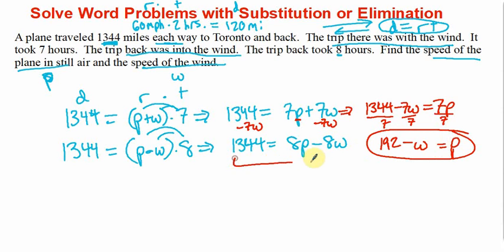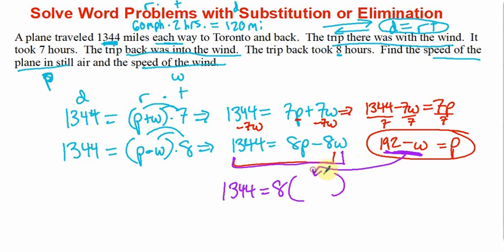Now we can go to our second equation right here. I'll use a different color so it doesn't throw us off. 1344 equals 8 times P. But we know that P is equal to this thing because we just solved for it. So we'll plug that in right there. And then we have minus 8W.